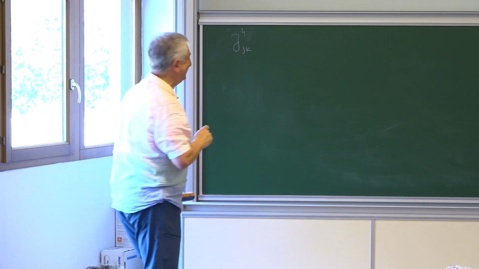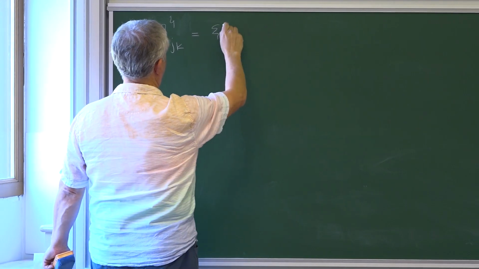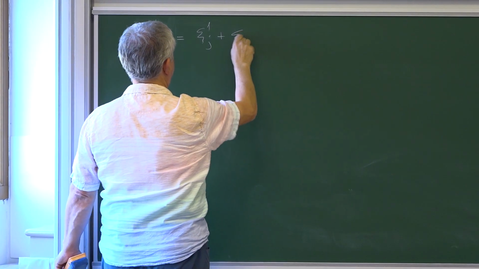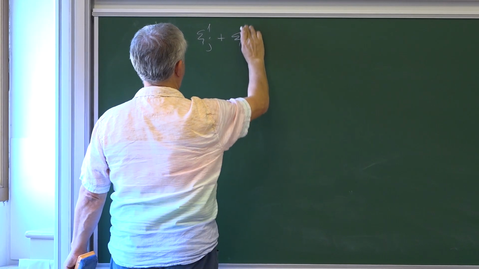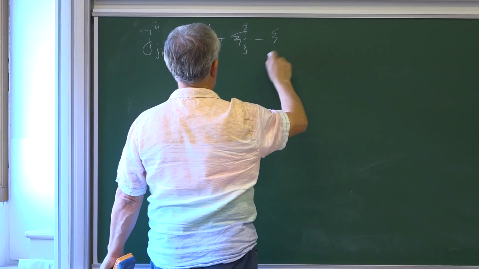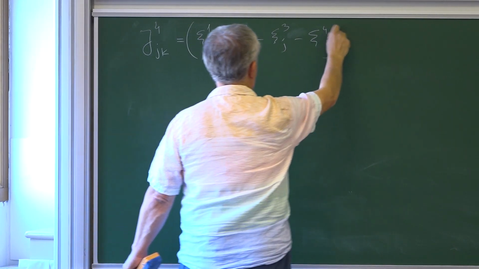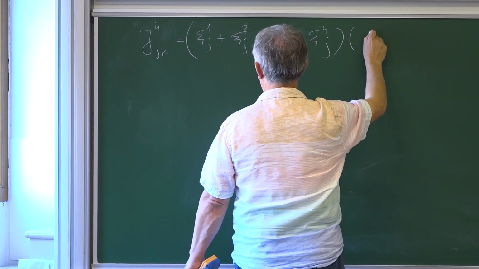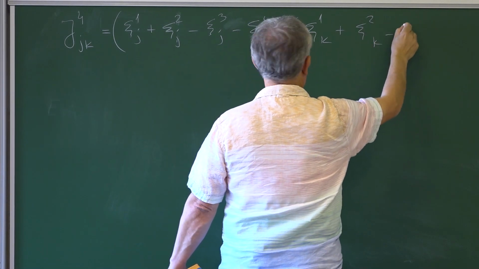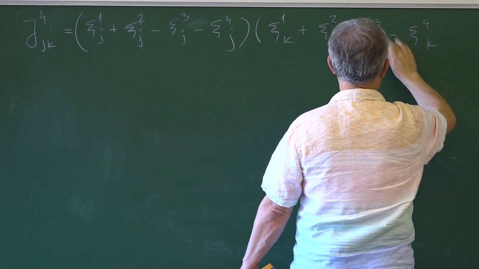All right, so this would be equal to, let's say, psi 1j plus psi 2j minus psi 3j minus psi 4j, multiplied by the same expression with the k index: psi 1k plus psi 2k minus psi 3k minus psi 4k.